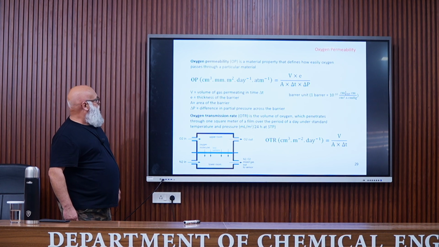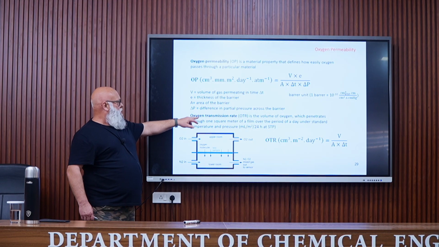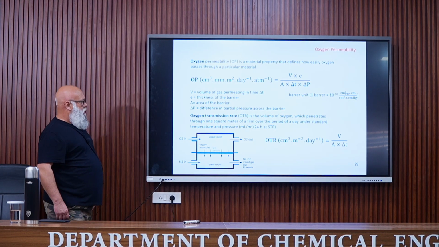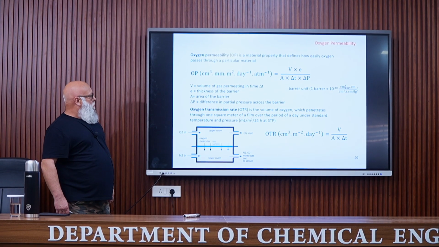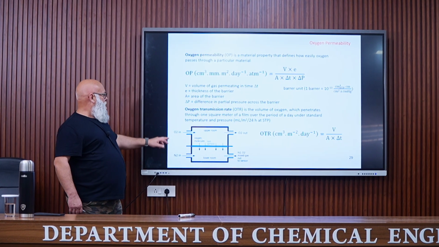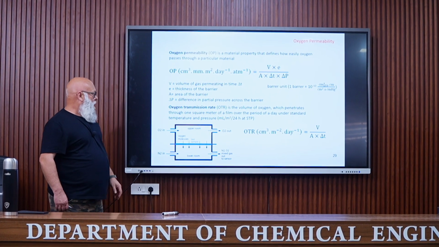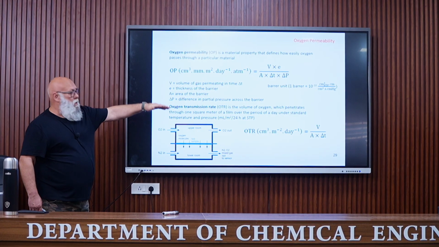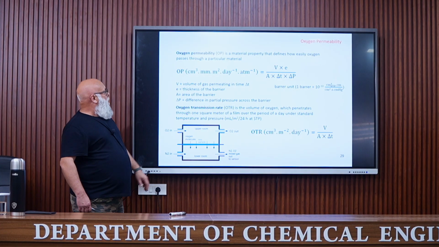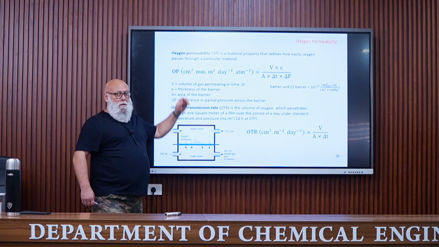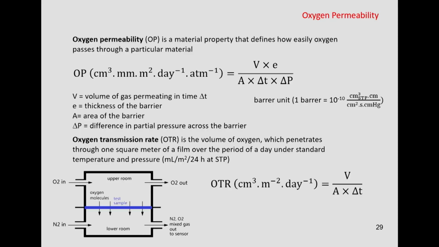And we can also determine the oxygen transmission rate, which is the volume of oxygen which penetrates through 1 square meter of a film over the period of a day under standard temperature and pressure. And it is given by this equation. Again, you can see that these two parameters are linked. So you can see that the unit is quite complicated. Sometimes this unit is used. The barrier. One barrier is equal to this.